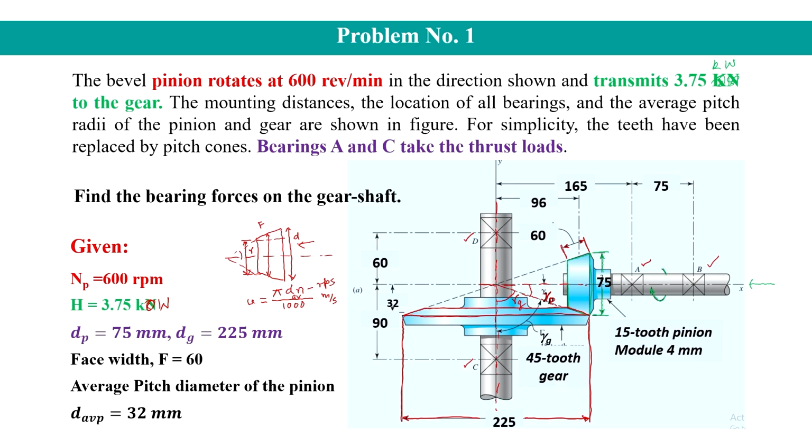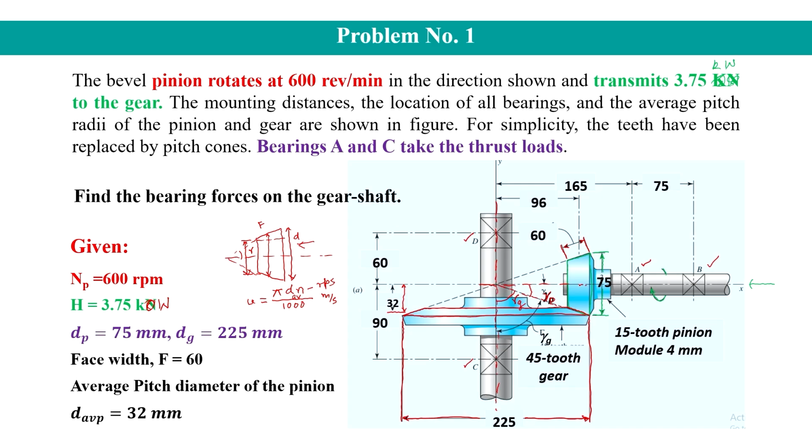But here the average pitch diameters are given. This distance is given, and this is the average pitch diameter or average pitch radius, you say.